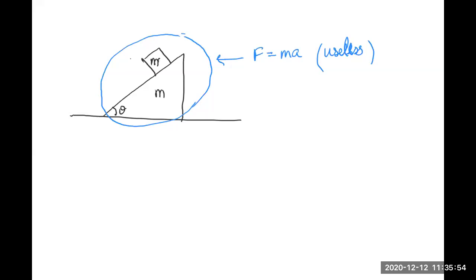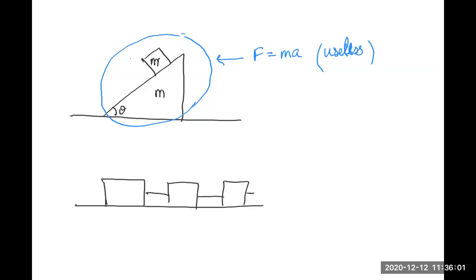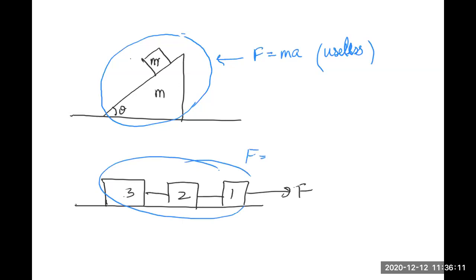If, on the other hand, I give you a problem like this, which again we have already discussed, and I say find the acceleration, and you take this as the system and write F is equal to ma for the system, then this is useful, because all three have the same acceleration. Here it is useful for you, here it is useless for us.